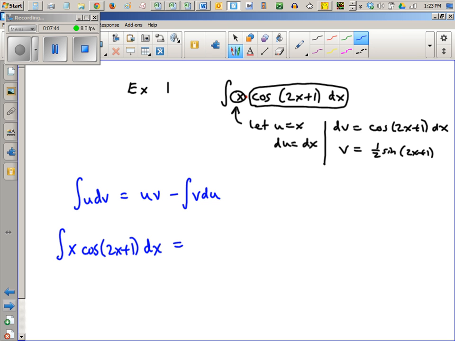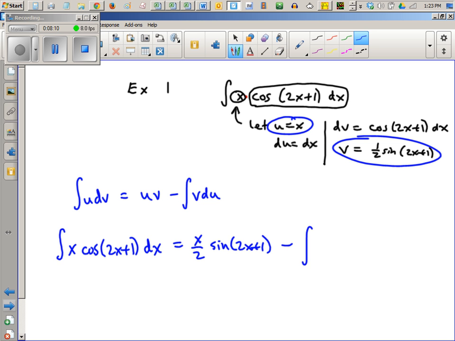Equals, now uv. What's uv? Sounds like a Swedish word, uv. Look at your work, you've got a u and a v. What is uv? Yeah, it's the product of these two. So it's going to be x over 2 sine of 2x plus 1 minus the integral of v du.